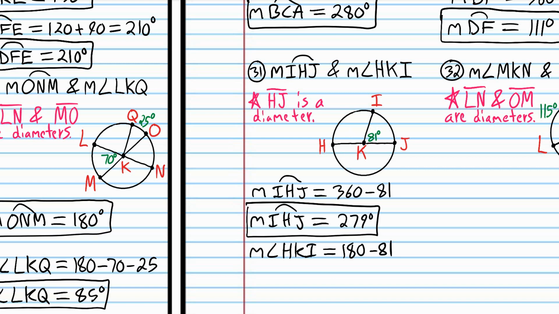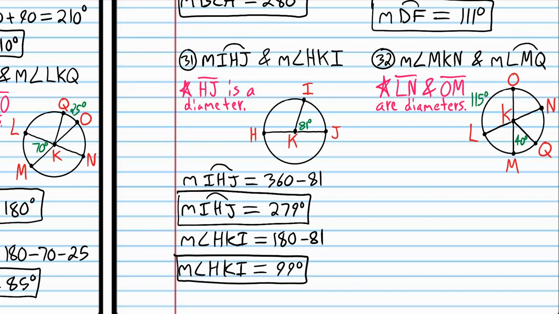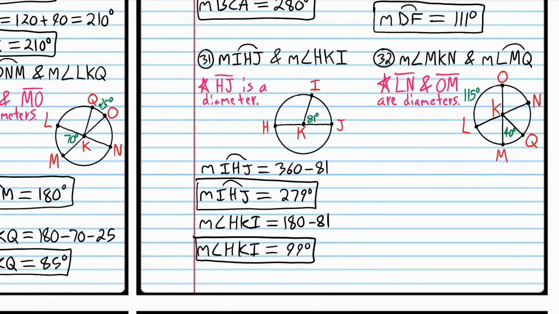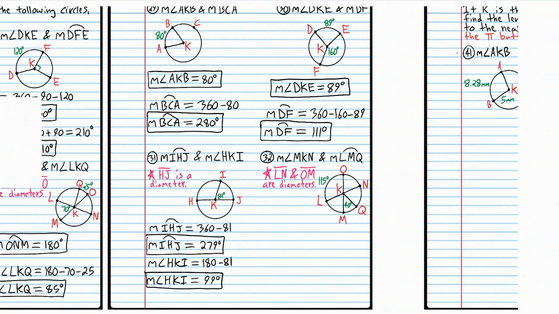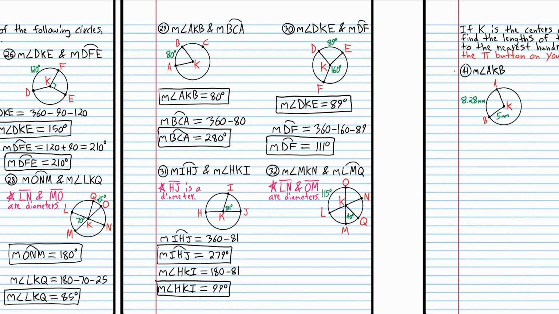So if you do that, we get 99 degrees. So if you got those answers, good job. All right, go ahead and try number 32, and when you come back, we'll do it together.